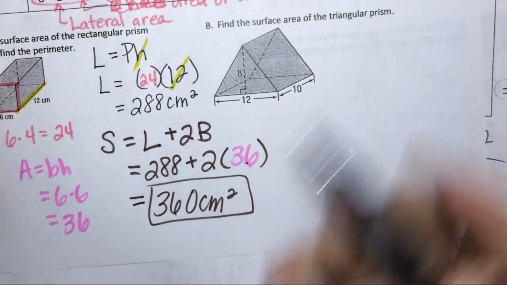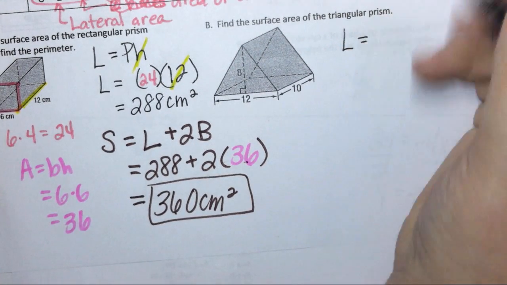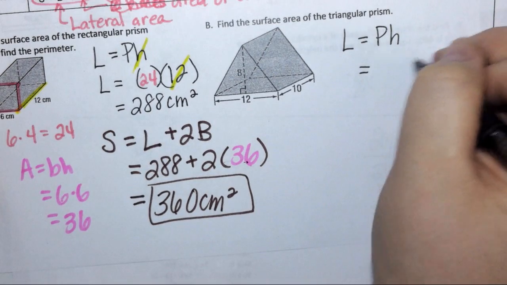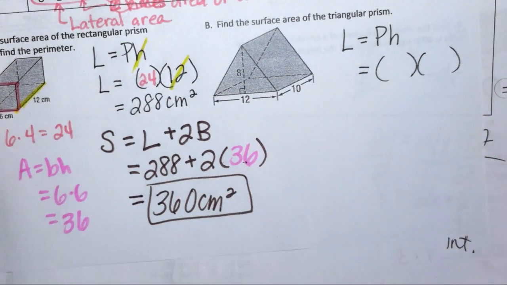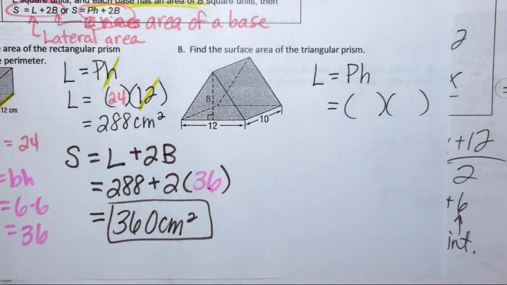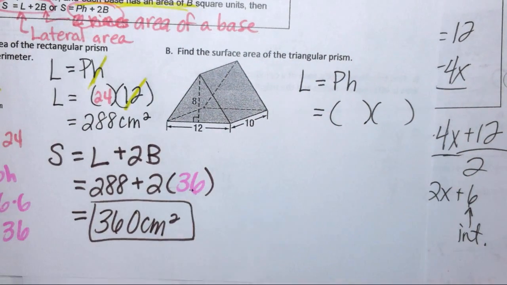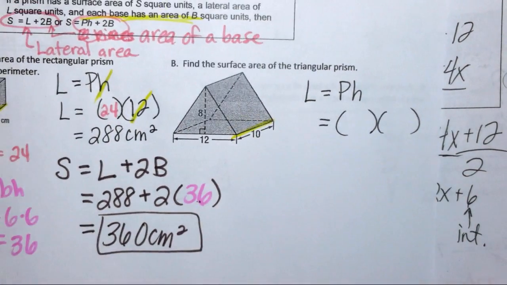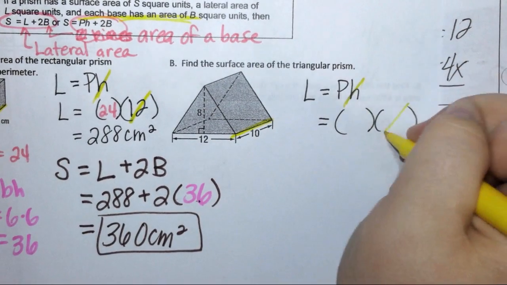Okay, so let's find the lateral area of this triangular prism. I need to know the perimeter, I need to know the height. One of those is easy to find, one of those is not. What is the height? No. The height is 10. Okay, so the first mistake we're going to make happened in this problem, and I knew it would happen.